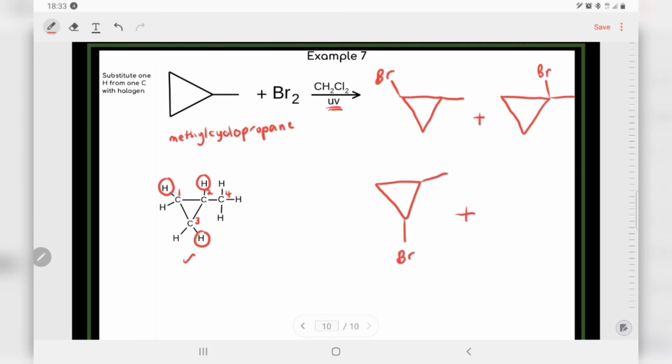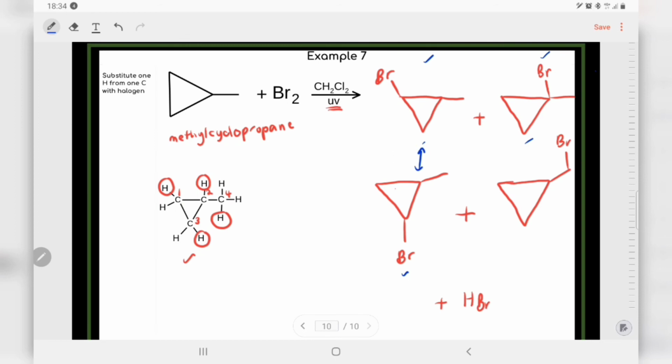And if we substitute from carbon number 4, so we will get 4 structure. Okay, and we have side product HBr. So we have product 1 is not the same with product number 2. So product 1 is accepted, product number 2 is accepted. Product number 3 is same as product number 1.